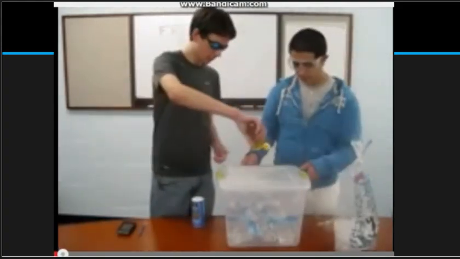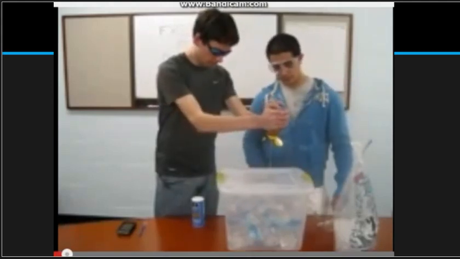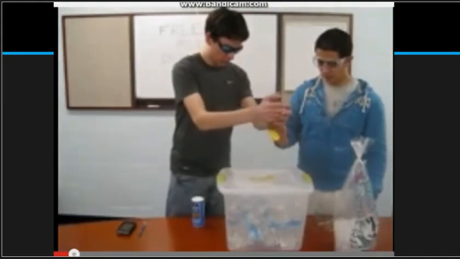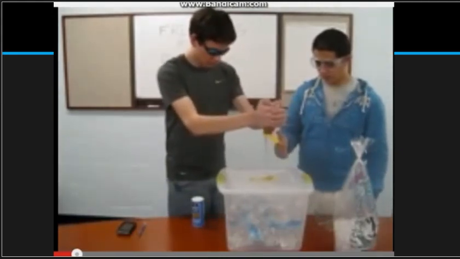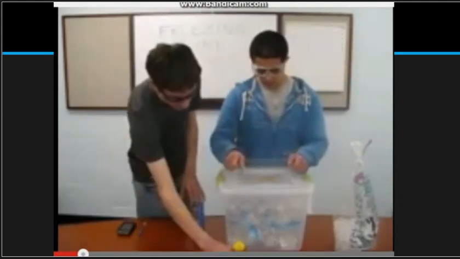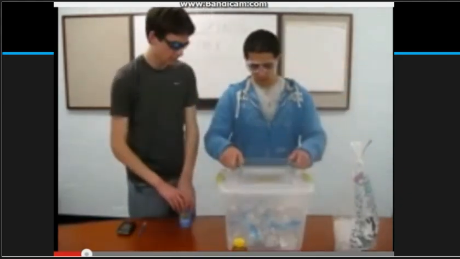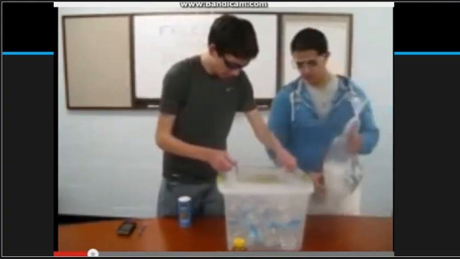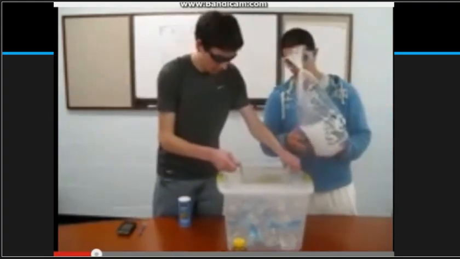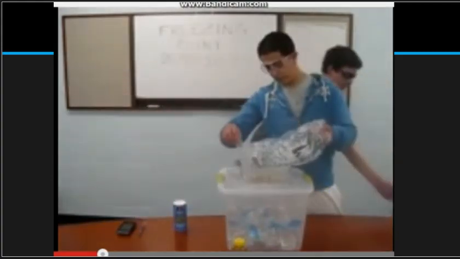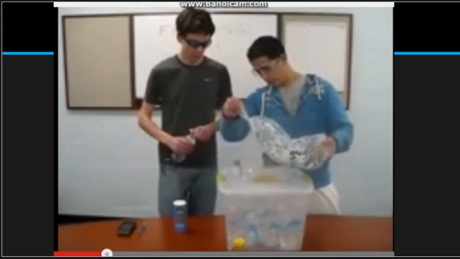We're going to begin by placing some honey on top of the Tupperware box. So that's honey. Next, we're going to place the glass on top of it. Then we'll pour in some of the ice. And finally, we'll add some water.